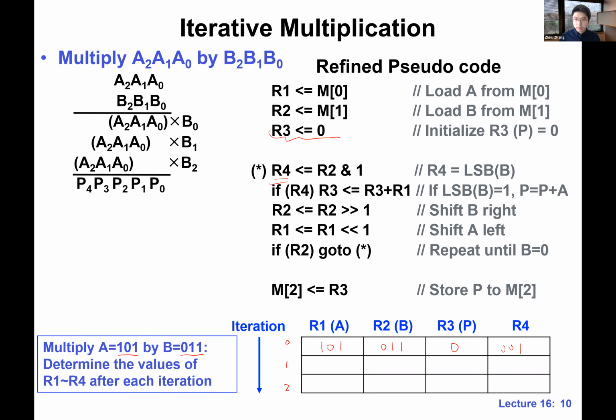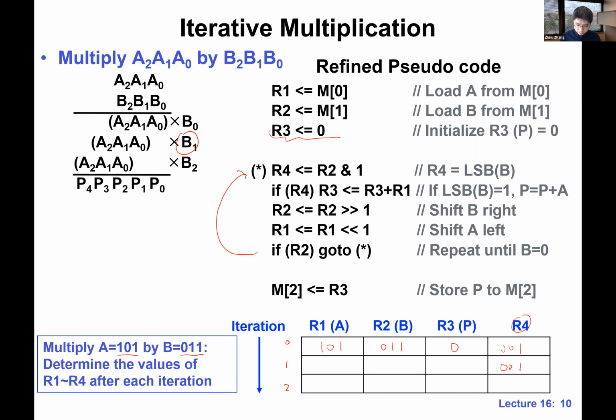So this is the initial condition. Next time, what is R4? In the next iteration, we go back. What is B1? So basically we are checking B1, the LSB of the shifted B. So it's still 1, agree?